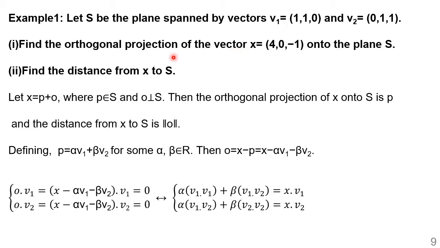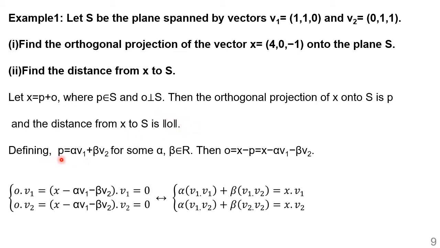We need to find the orthogonal projection of the vector x equal to 4, 0, minus 1 onto the plane S. Also, we need to find the distance from x to S. Let us define x equal to P plus O, where P belongs to S and O is perpendicular to S. Then the orthogonal projection of x onto S is given as P, and the distance from x to S is given by the length of O.